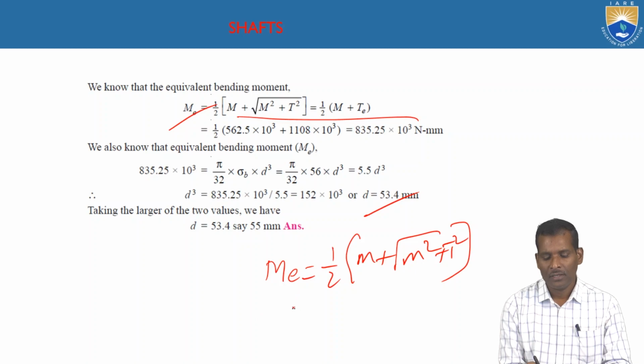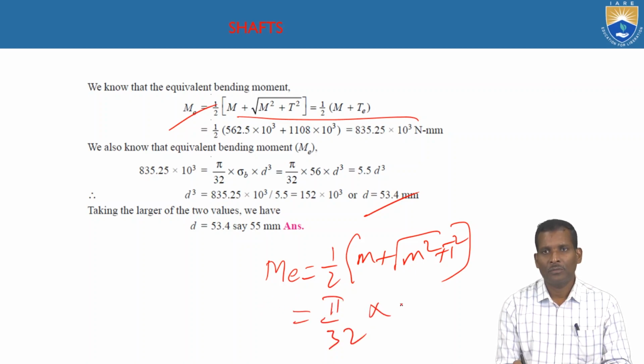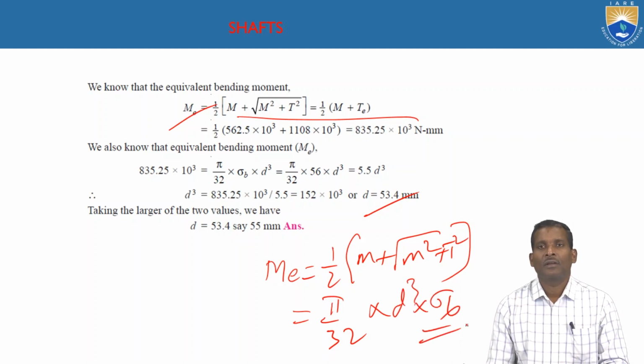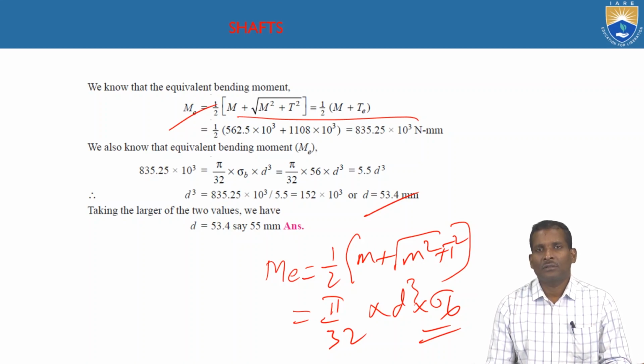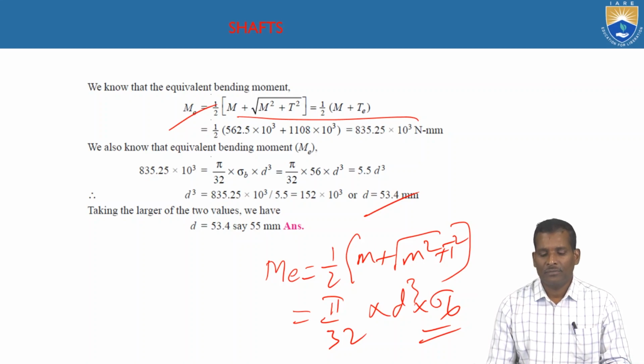So here Me is equal to pi by 32 into d cube into sigma b.